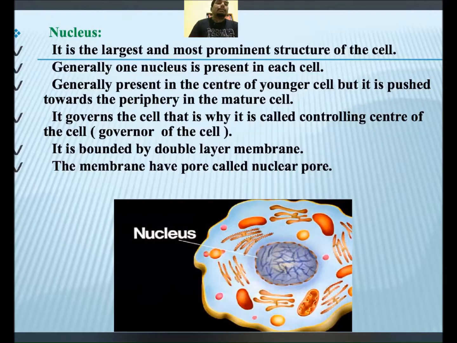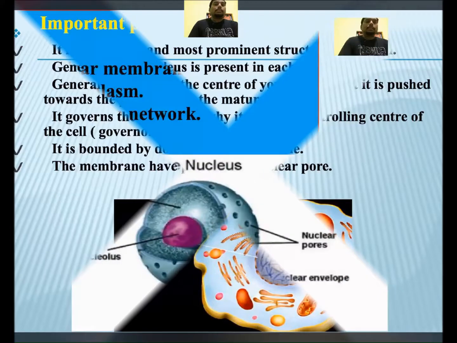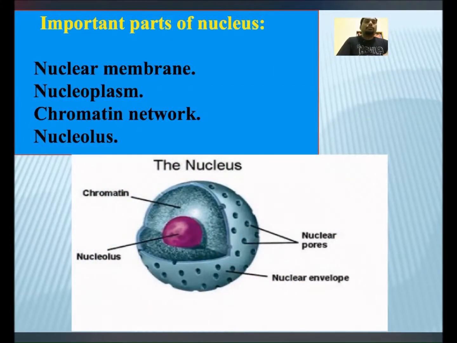And these membranes have some pores, and such pores are called nuclear pores. And these nuclear pores help in transfer of materials from inside to outside, or these pores make the connection between nucleoplasm and cytoplasm. What is the nucleoplasm? Nucleoplasm is the fluid part of the nucleus.